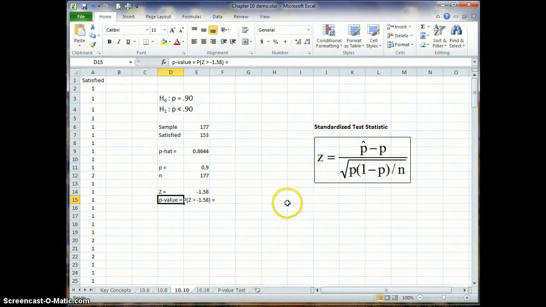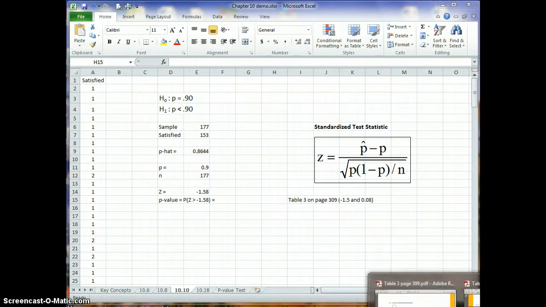And the way we determine that is we go to Table 3 on page 309, where we have minus 1.5 and 0.08. And we're going to see the value of that here in just a second.